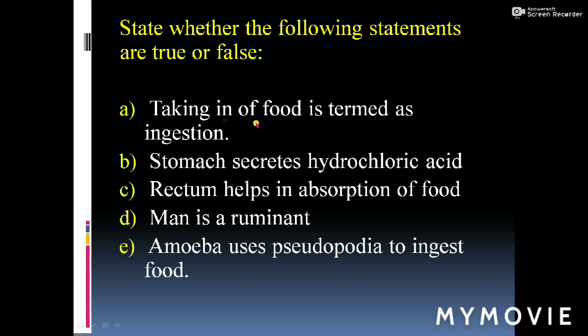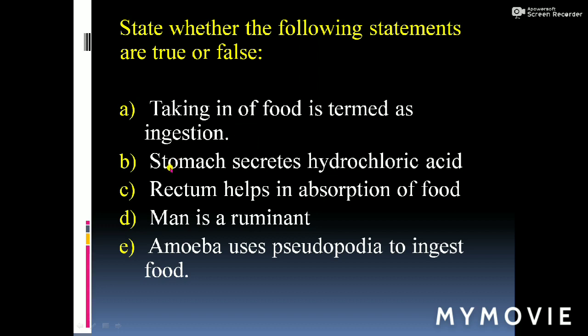Just like I'm reading this: taking in of food is termed as ingestion. You have to know what ingestion is, then look at what you have written and give the answer here.